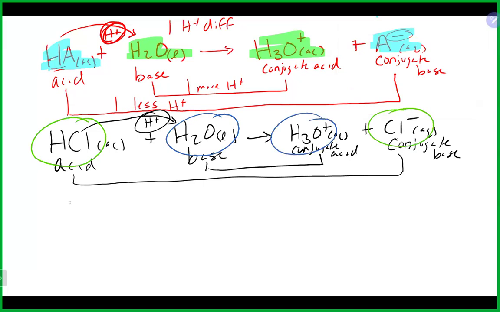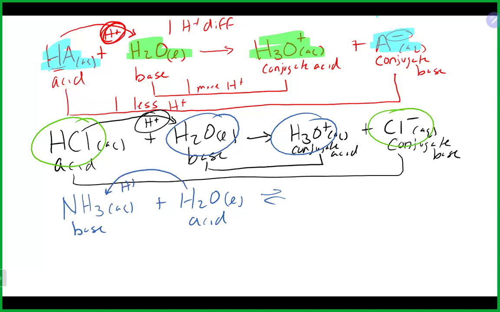We could even see this with that NH3 reaction that we looked at earlier, NH3 plus some water. In this particular case, the NH3 is actually going to be the base, and water here is going to act as the acid. Because water is the acid in this case, it's going to send the H+ over to the NH3.